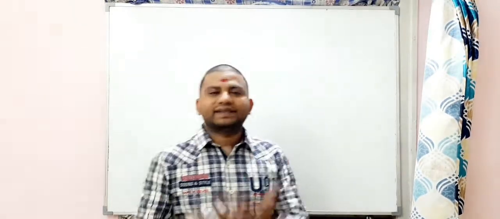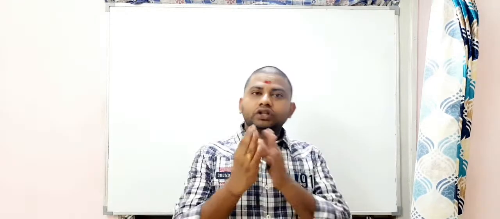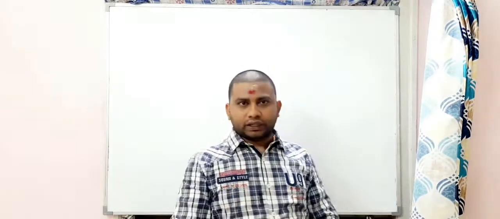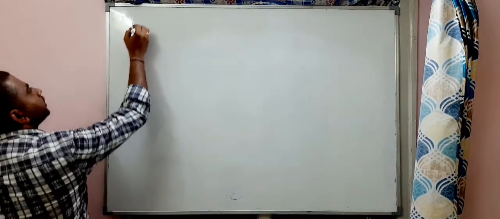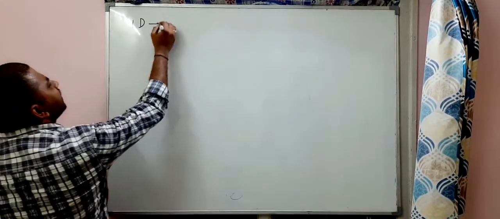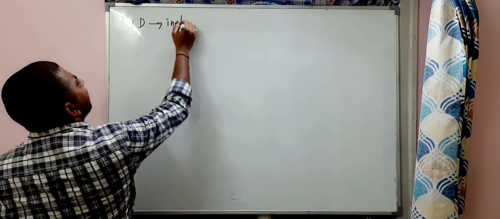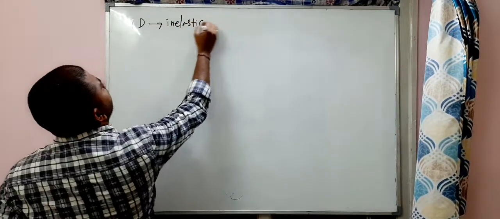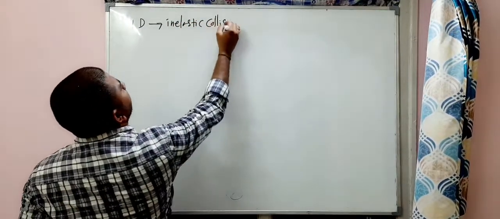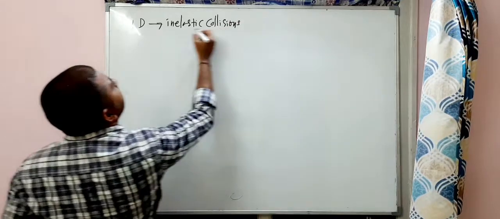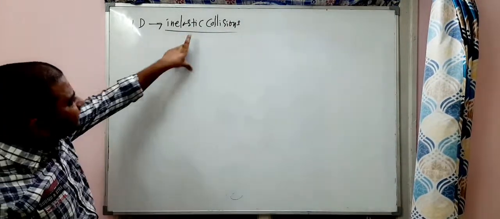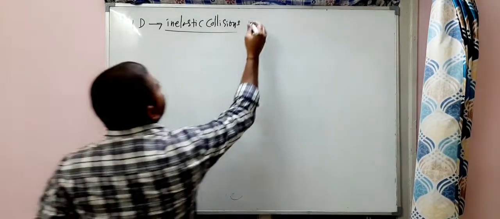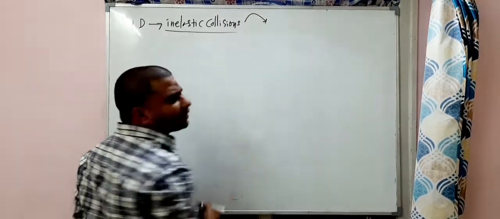Welcome to another session, the continuation of the collisions topic. Now, we are starting with one-dimensional inelastic collisions. In these inelastic collisions, there are two types we had already discussed.